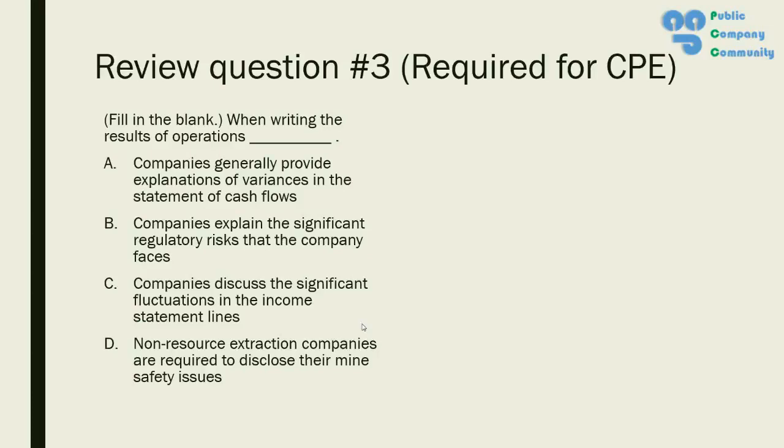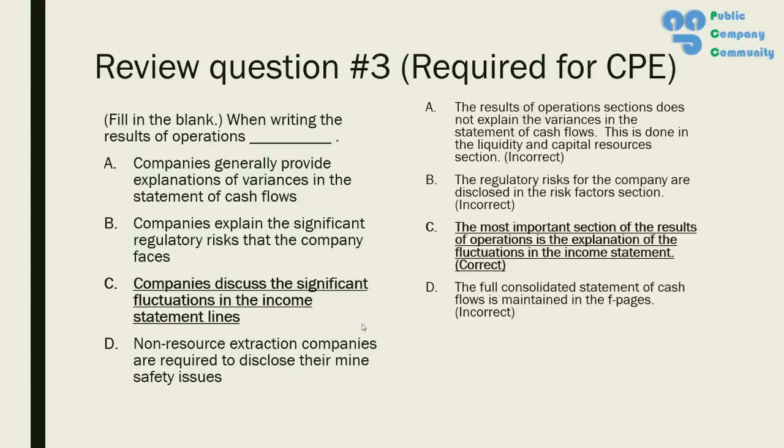All right, let's look at the answers. So the answer is C, companies discuss the significant fluctuations in their income statement lines when writing the results of operations. Now, providing the explanations of the variances in the statement of cash flows, while that is in MD&A, is in the liquidity and capital resources section.